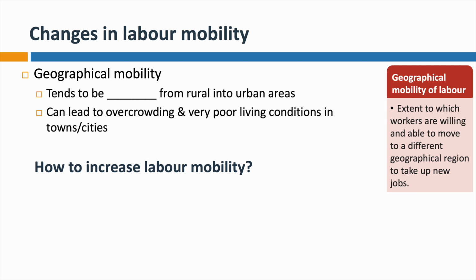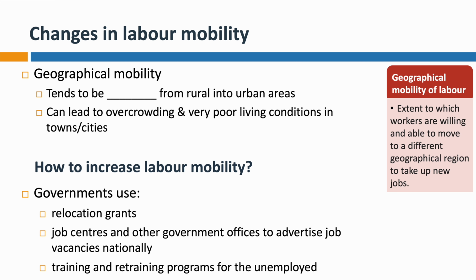How to increase labor mobility? Think about what motivates people to move. Usually governments use some kind of incentives. You can either have relocation grants, or different job centers or offices that advertise job vacancies nationally, so basically informing unemployed workers what the different opportunities are, so that they can apply for the job.